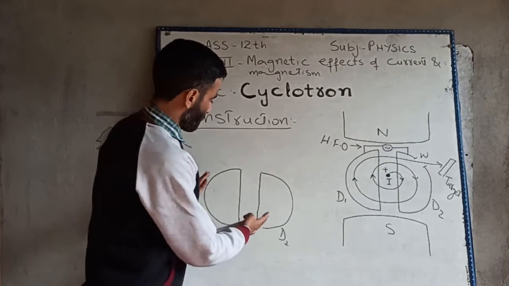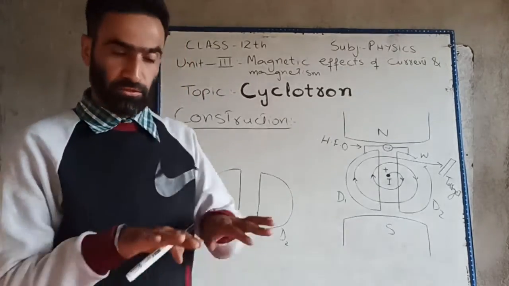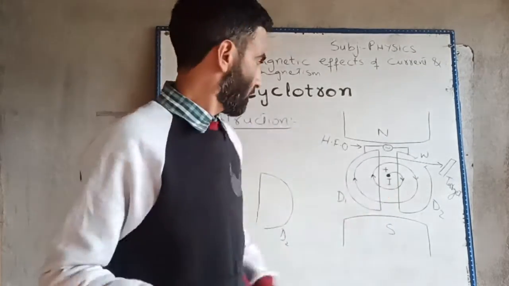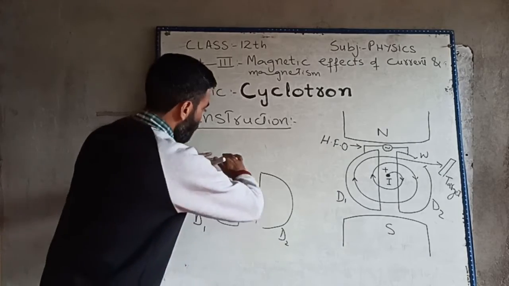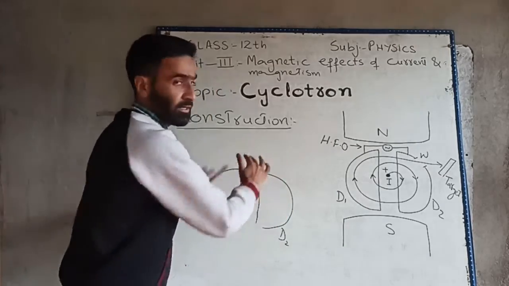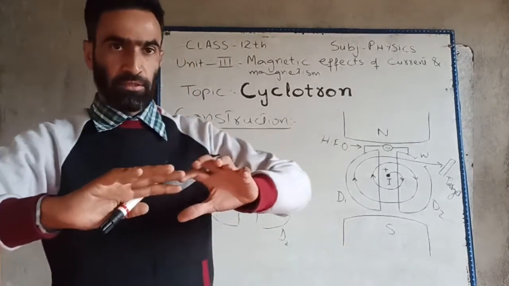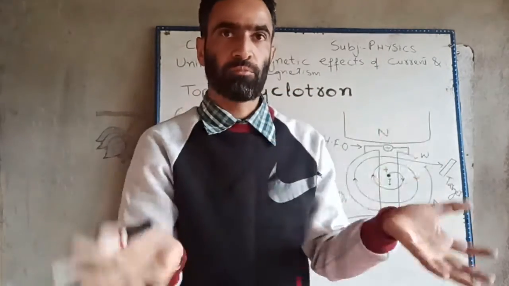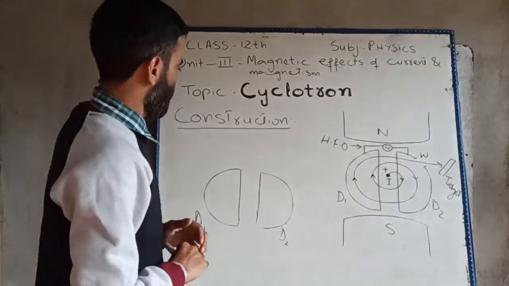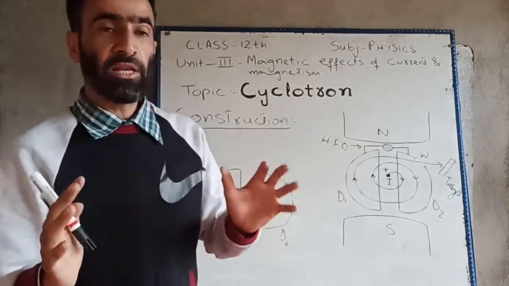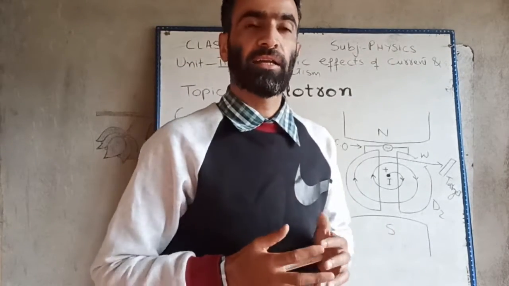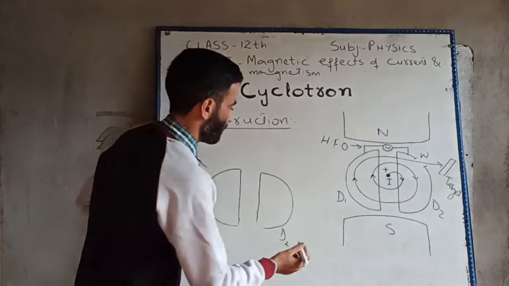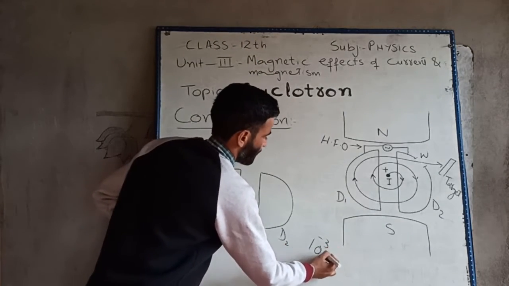These two Ds, D1 and D2, are placed at a horizontal level. Then the whole system, meaning D1 and D2, is enclosed in a chamber filled with gas at low pressure, of the order of 10 raised to the power minus 3 mm.